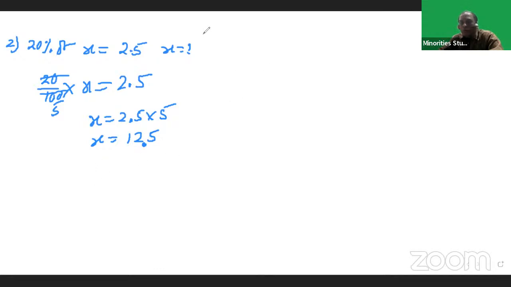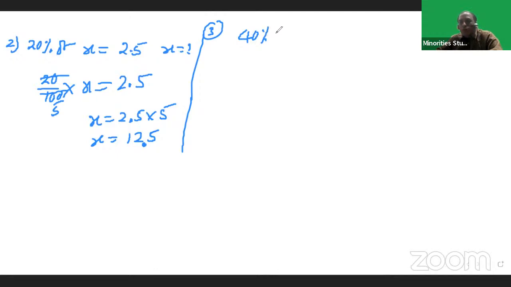Next question, third question. The pass marks in the examination is 40%. Write the question. The pass marks in the examination is 40%.